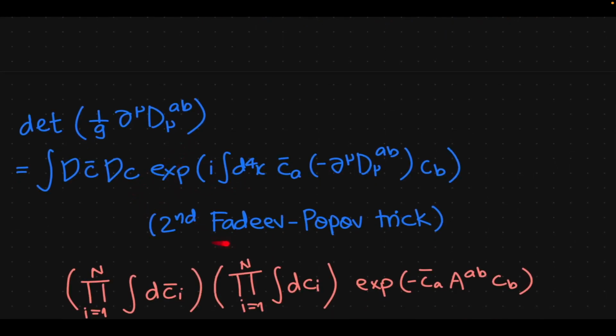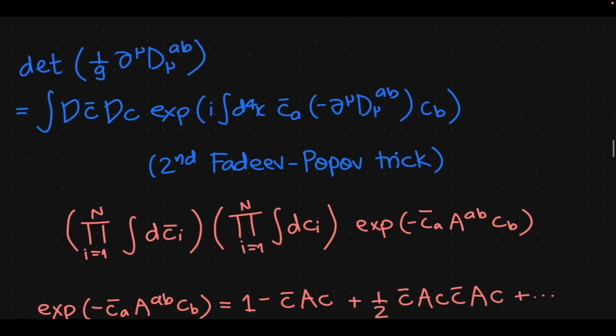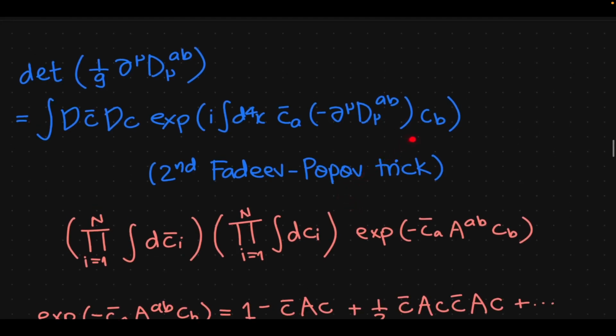This is the second Faddeev-Popov trick: to write the determinant as a path integral over fermionic fields, which I'm going to call C bar and C. So path integral over C bar and C, exponential i d4x integral C a bar minus derivative of the covariant derivative C b. And why is this the determinant?